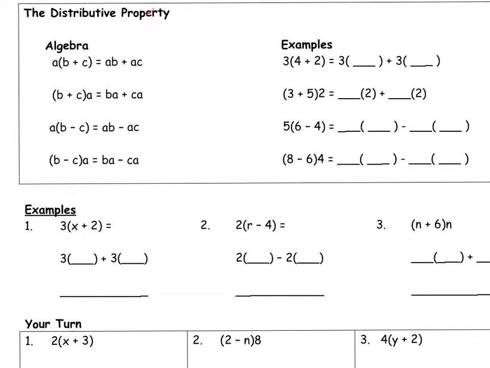Looking at the definition of the distributive property, you can see down the left-hand side, that is an algebraic definition, and to the right side are numeric examples. Most commonly found is this definition where it's A times the quantity of B plus C. And what happens is that you are going to multiply A times B and then A times C, and you will see that you end up getting AB plus AC.